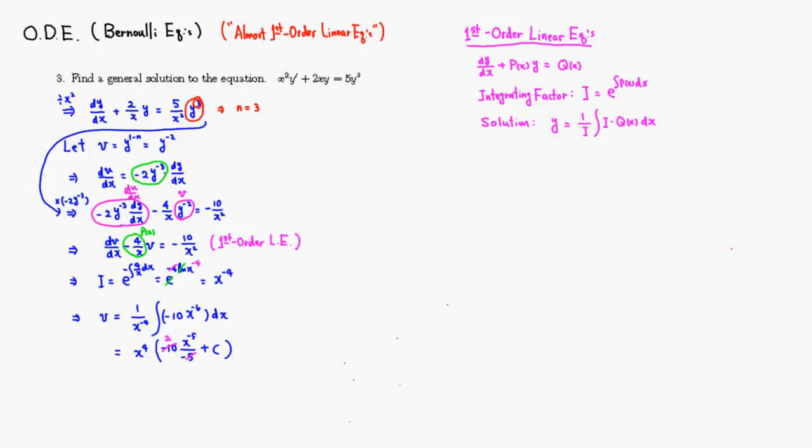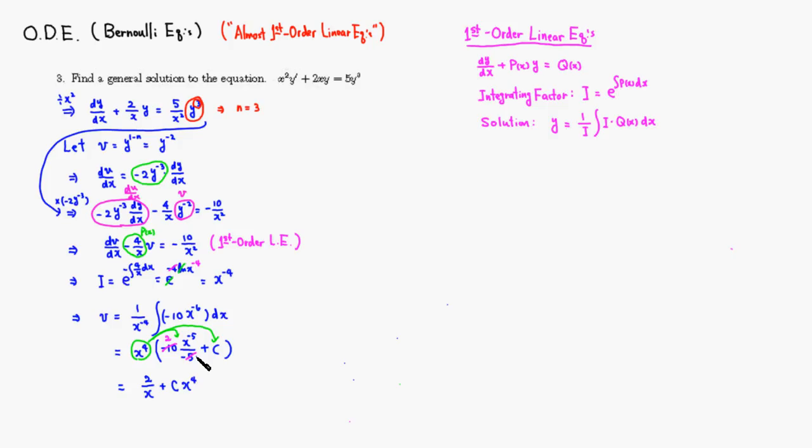Then we can distribute this x to the 4th to the first term and also the second term. So there's a 2 left over, x to the 4th and x to the negative 5th cancel out, so you're going to have 1 x left over on the bottom. And then you have c times x to the 4th power.